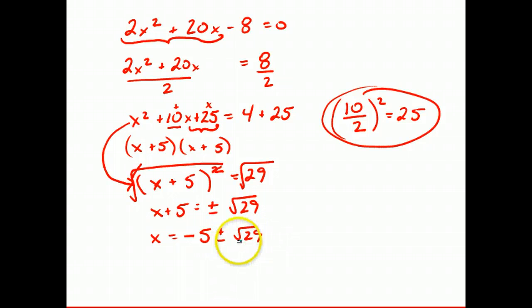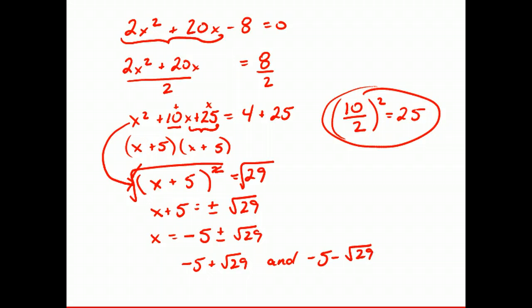Okay, and that's really two answers, right? Here they are, which means that x is equal to minus 5 plus root of 29 and minus 5 minus the square root of 29. So I got two answers for my quadratic equation, which is kind of the way we want it.